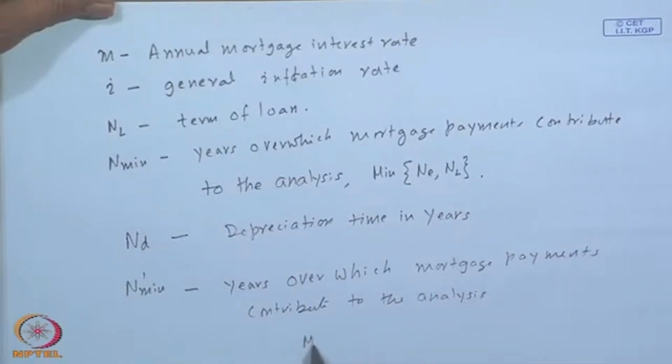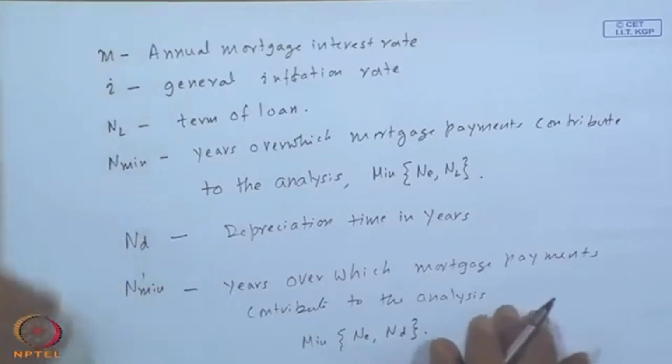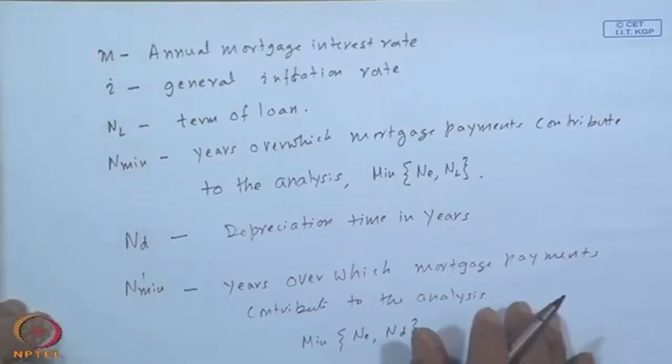This is minimum of NE or ND. Okay. So, it is N minimum and N minimum dash are the same.